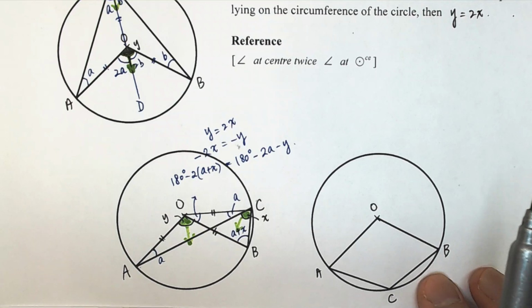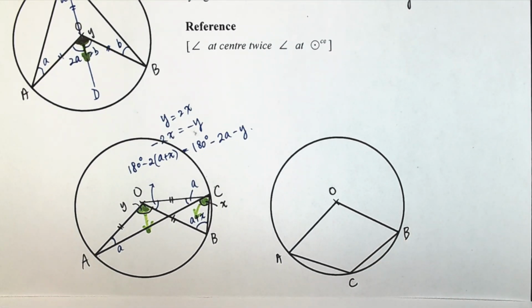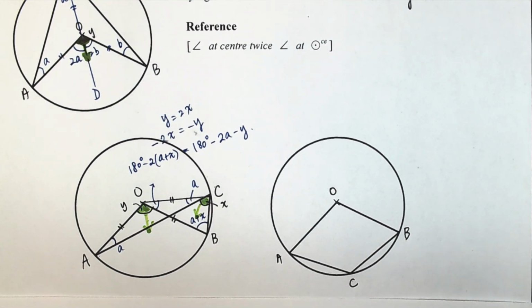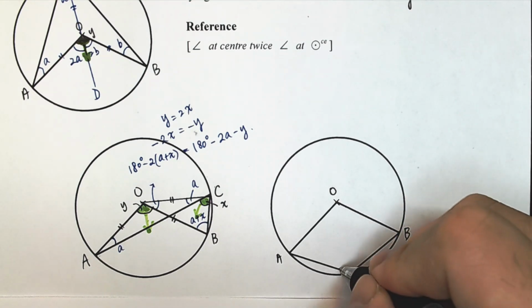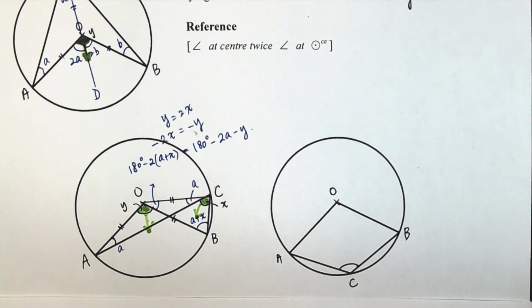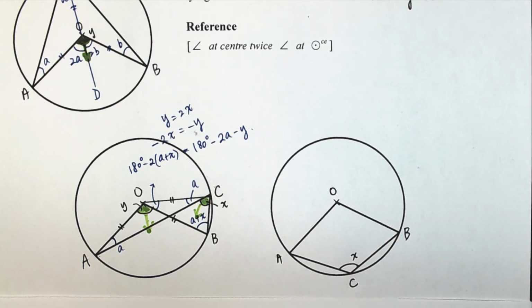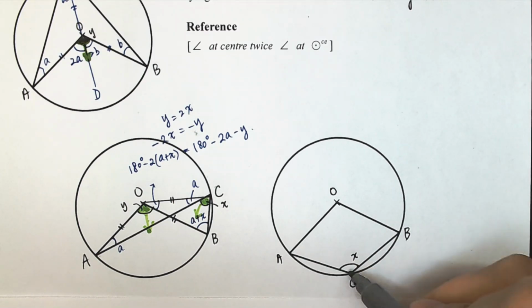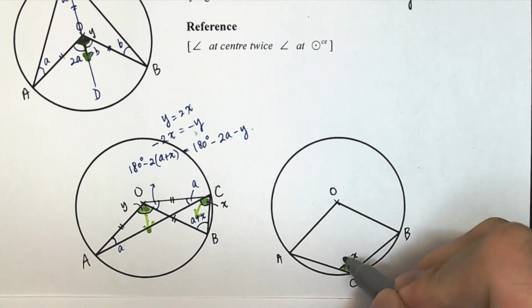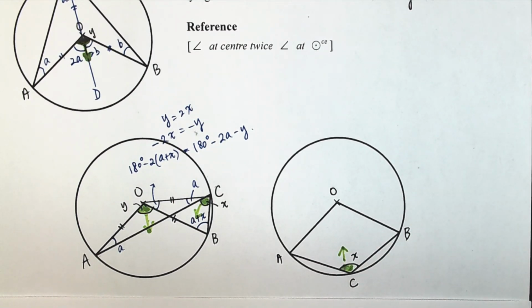Now, for angle ACB, the angle at the circumference, we will indicate like this. This should be our x. Notice that the angle x here is pointing in this direction. And actually, for the angle at center, you can consider two different angles.